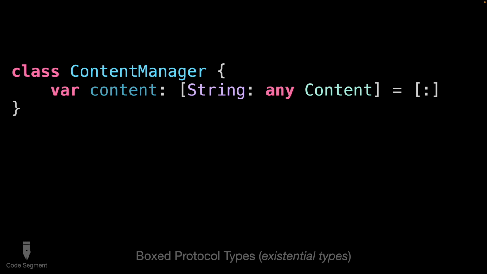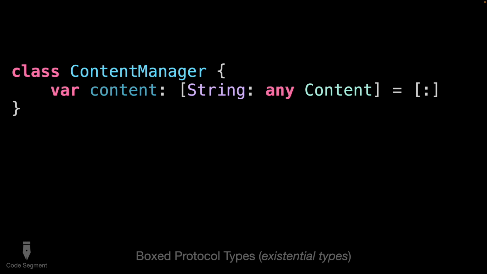But the main point is that you are always doing this whenever you're setting a property or a return or a parameter to a protocol type with the expectation that any type that implements or adopts and conforms to the protocol can be used there.